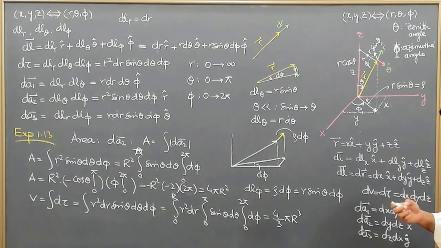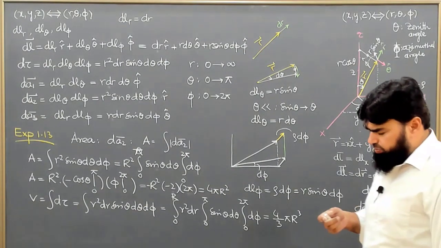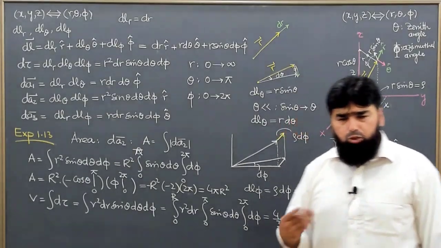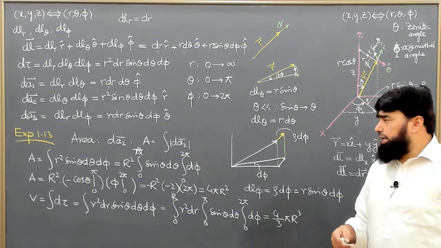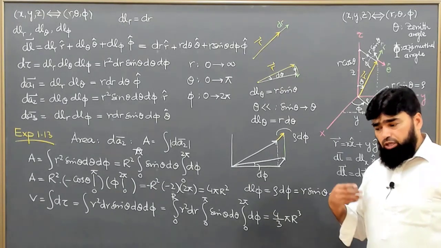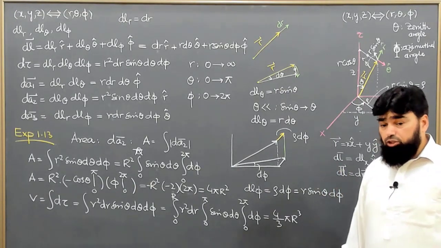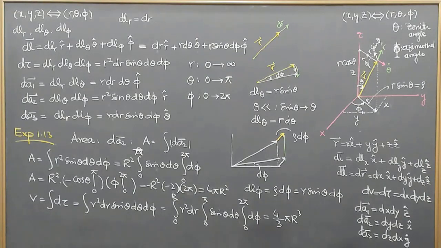I will calculate for the gradient, just to show you how this can be done. You can then do the divergence and the curl. That calculation is not that difficult, although it will take time because there are so many terms involved in it.